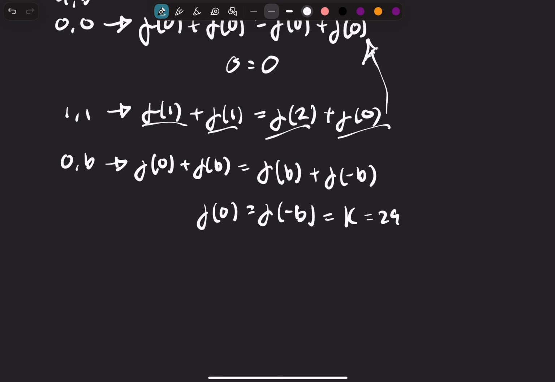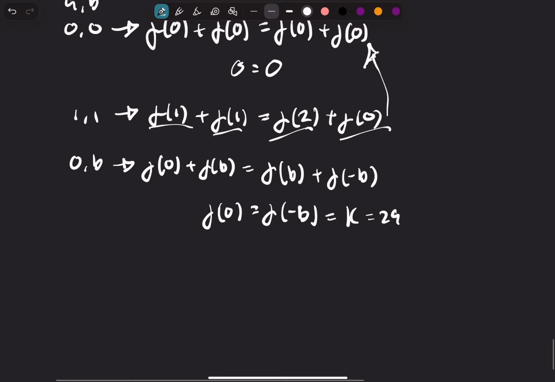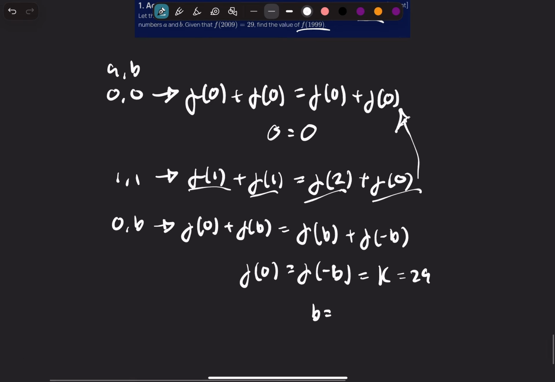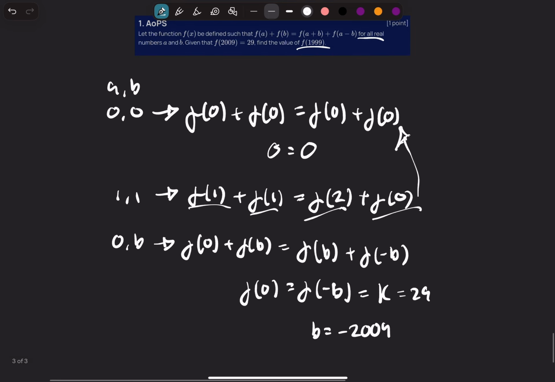But to explain it a bit more nicely, since we know f of 0 equals f of minus b, we can say that b equals negative 2009. I've chosen negative 2009 because we're given f of 2009, and that's equal to 29.